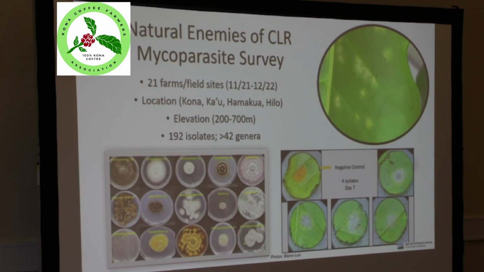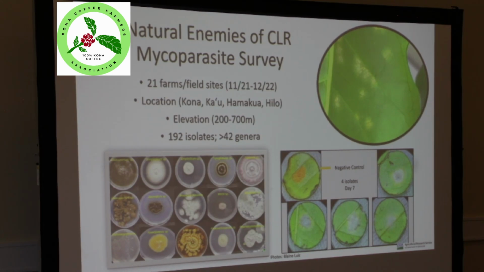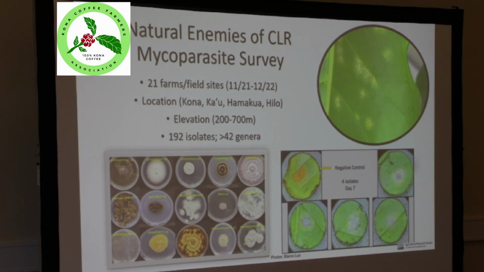Okay, so I'll just give a quick update on a couple other projects that we're working on. One of our favorite projects, looking for natural enemies of CLR, is our overall mycoparasite survey. We've been surveying a variety of locations for close to 2 years. We're up to close to 200 isolates. That's the picture showing the diversity, representing more than 42 genera.